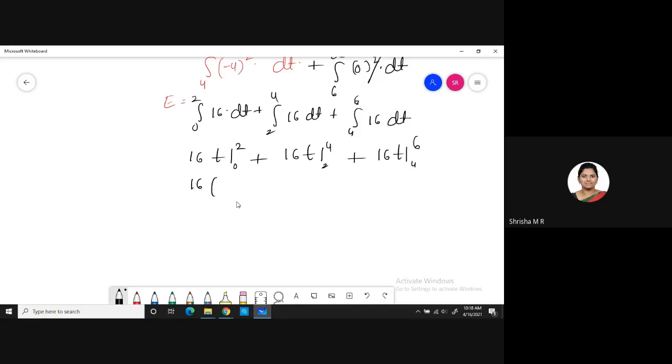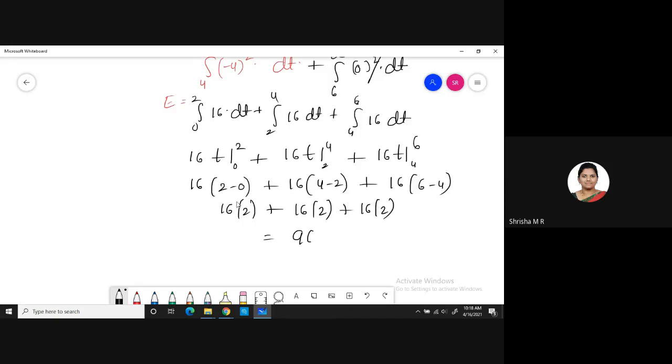Upper limit minus lower limit: 16 into 2 plus 16 into 2 plus 16 into 2. How much do you get? 96 joules. Clear?